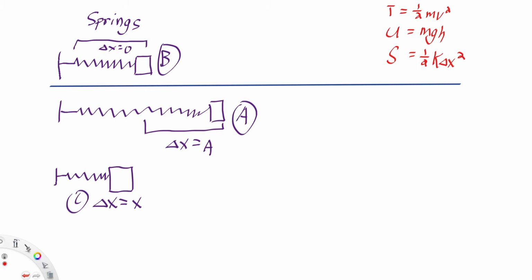So of these three types, which do we have at point A? Do we have any gravitational potential energy? People notice we have spring energy. Yes, we absolutely do. Do we have any gravitational potential energy in any of these three cases?